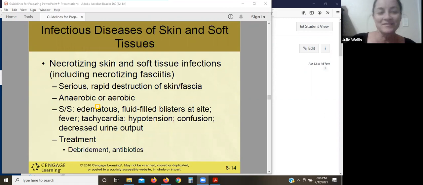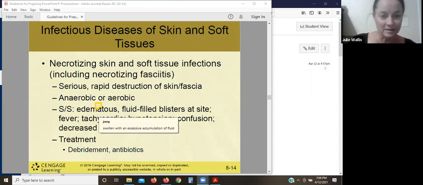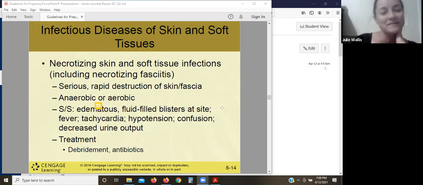This can be either serious rapid destruction of the skin or the fascia, which is kind of the connective tissue surrounding. It can be anaerobic or aerobic. Edematous is swollen with excessive accumulation of fluid.